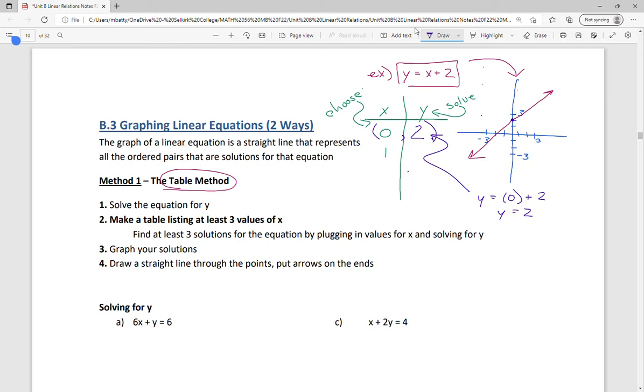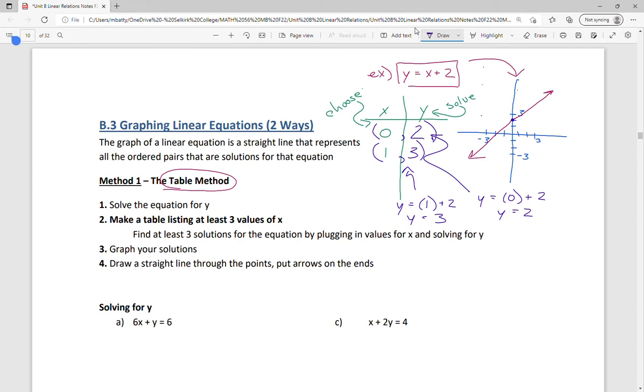So let's take a look at this. This one says, if x is 1, what is y? We can complete the ordered pair in this table. So y would equal 1 plus 2. y would equal 3. And so what I've done is complete the ordered pair here in my table.